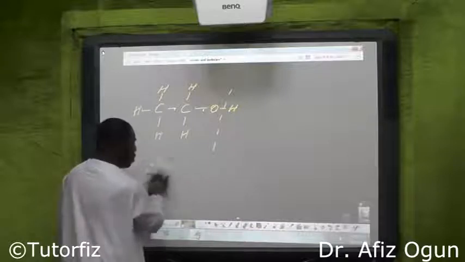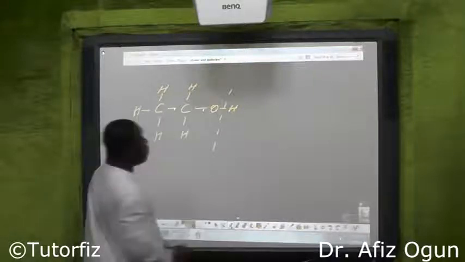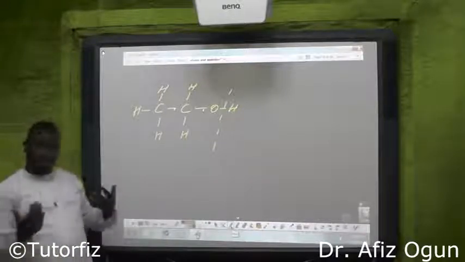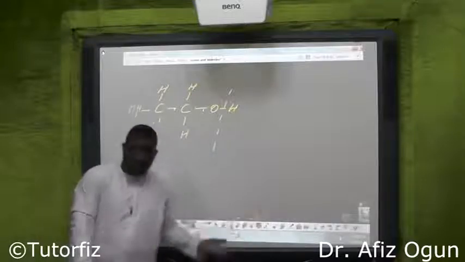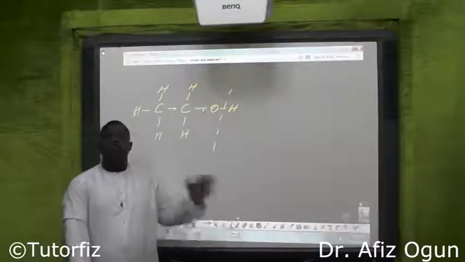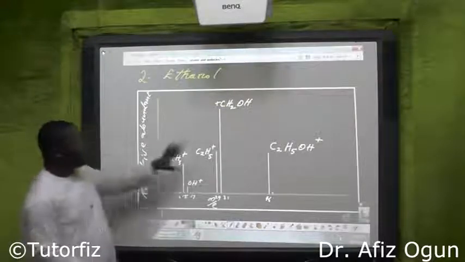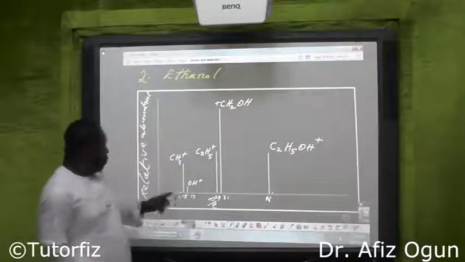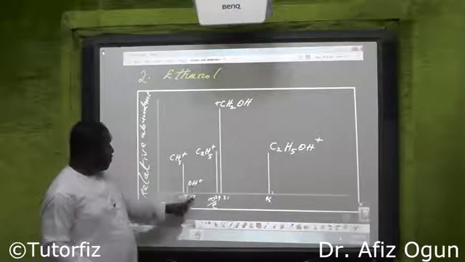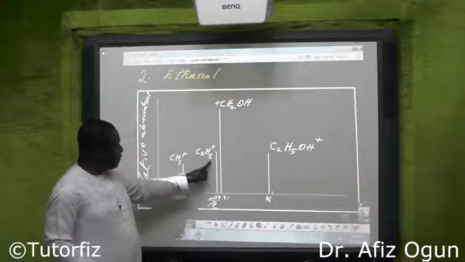So you look at all the possibilities where it can break. Make one the free radical, make the other one the ion, and check all the possibilities. Whatever you are given, check the possibilities. So I have 15 here. I have OH plus here, which is 17. I have C2H5, which is 29.